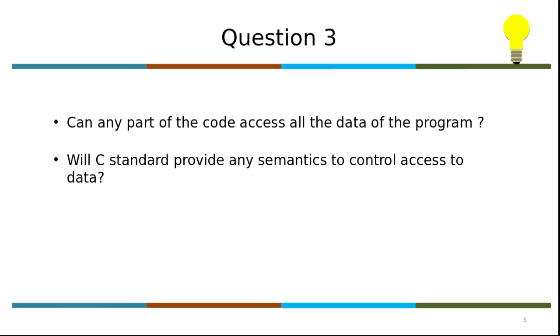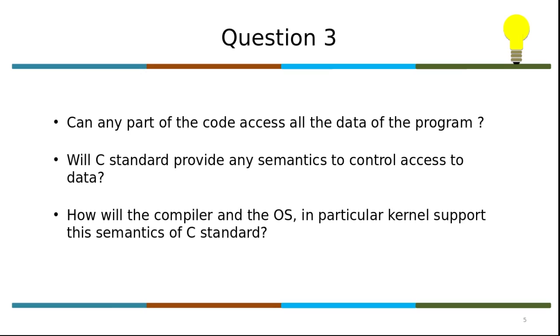So the language will provide some specifiers for the compiler to store data in such a way that it will restrict certain code to access only certain data. We shall see in detail what are those storage class specifiers provided by C semantics, and how the compiler and OS, in particular the kernel, support this semantics.